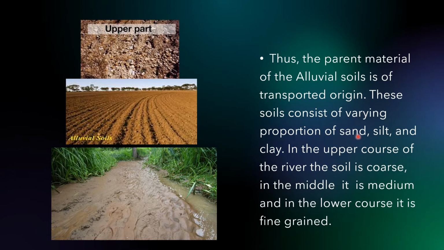These soils consist of varying proportions of sand, silt and clay. Now in the upper course of the river, the soil is very coarse, that is not very smooth, sometimes rocky also. In the middle, it is medium coarse, and in the lower course, it is highly fine grained, especially near the deltas.